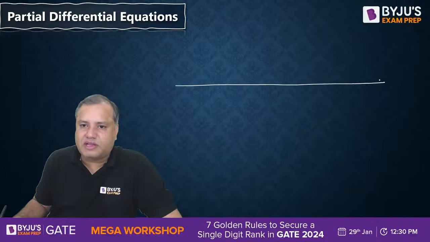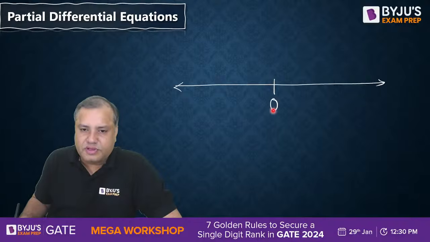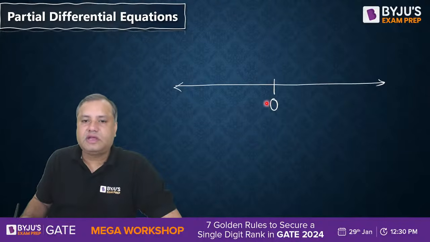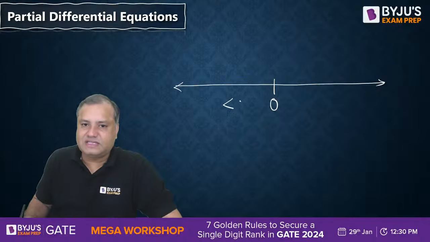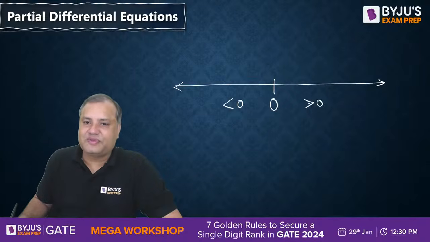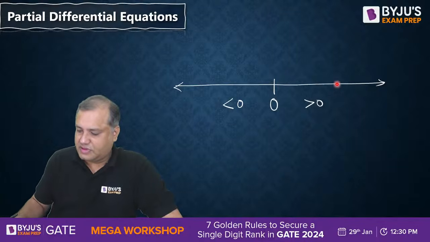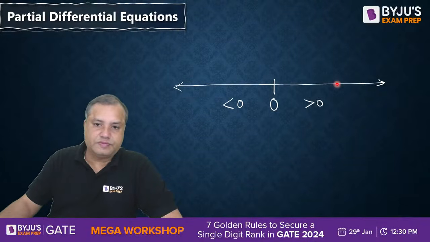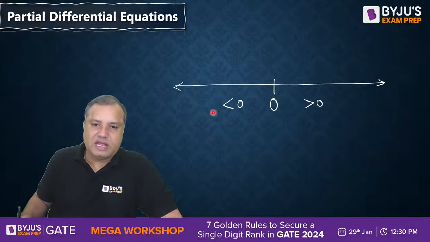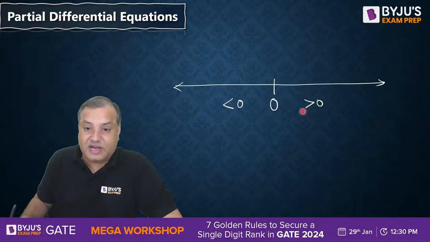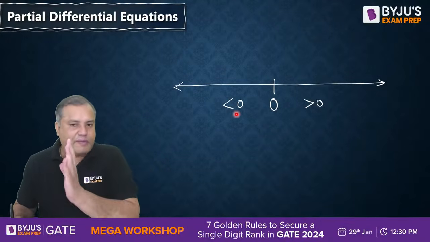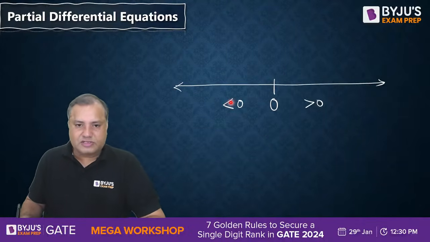When we draw a number line, there is a 0. Further we have less than 0 and greater than 0. Okay, understood? So have I placed these values correctly?